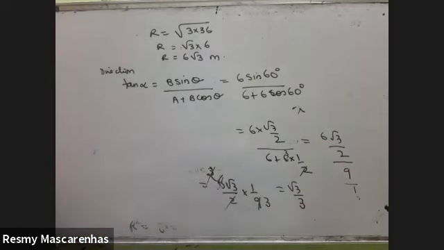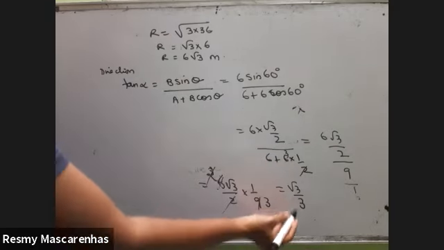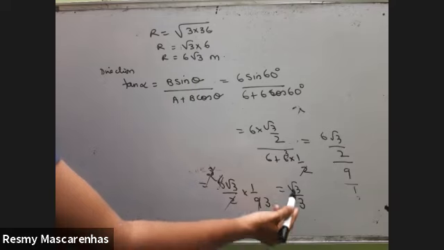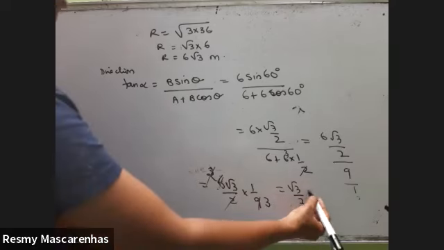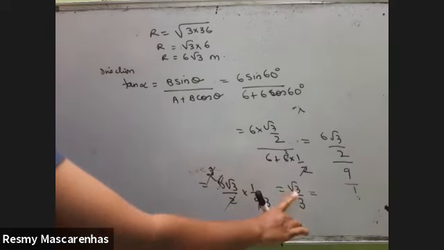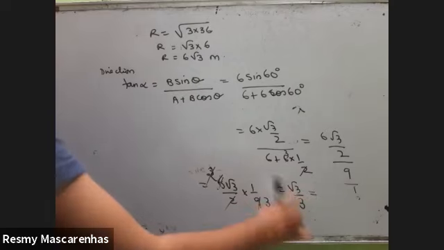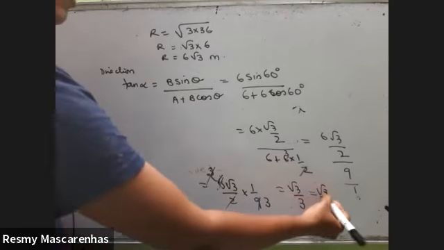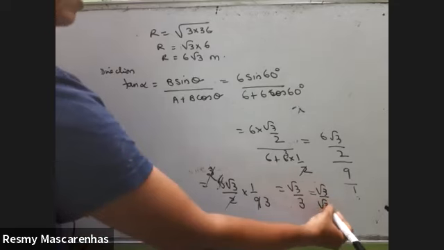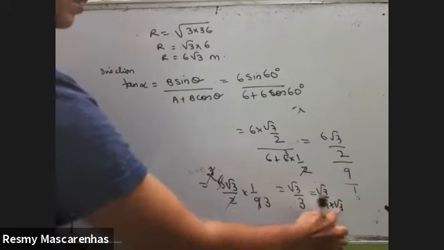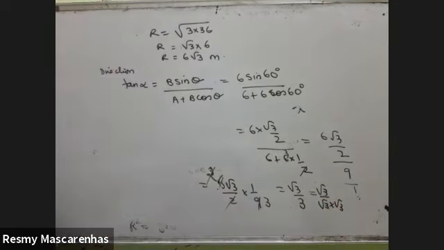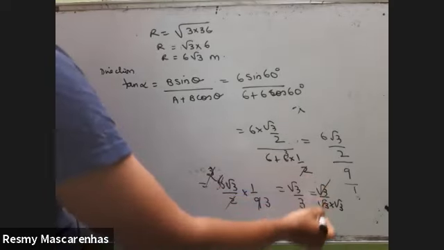In the first class itself, when I was doing the basics of mathematics, I taught you: anytime you come across the same number but with different root signs, you can always write a bigger number. Out of this, this is the big number, so you have to split it into root 3 and root 3, because root 3 into root 3 is always 3. And then you have to cancel.